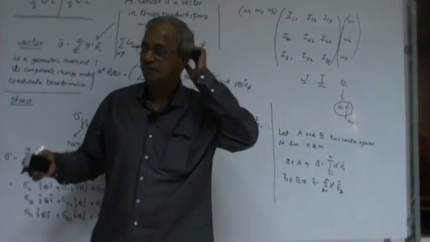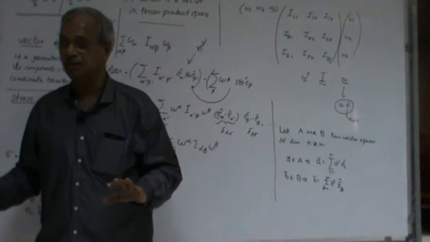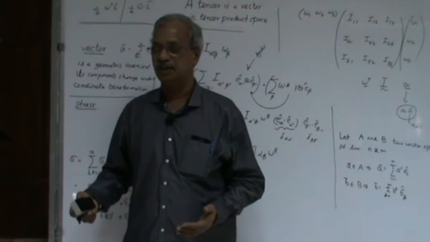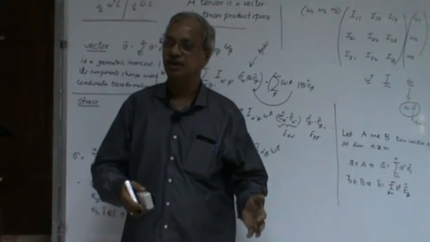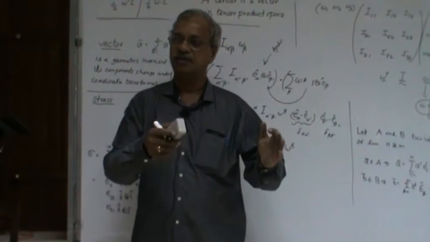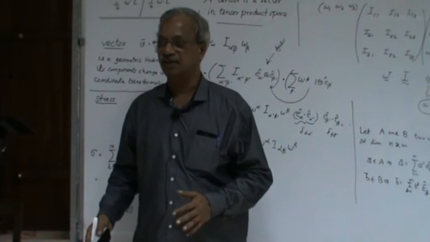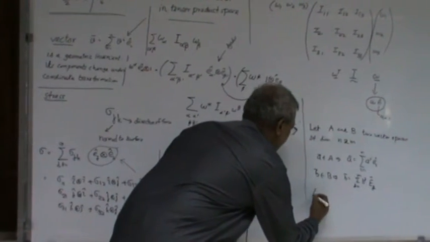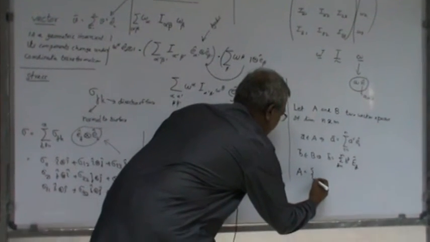So you can have objects in which the physical phenomenon that you are going to study are influenced by very many quantities of vectorial character. And you want to have a description involving all of them simultaneously. So I can put it like this. The vector space A is of this particular form.